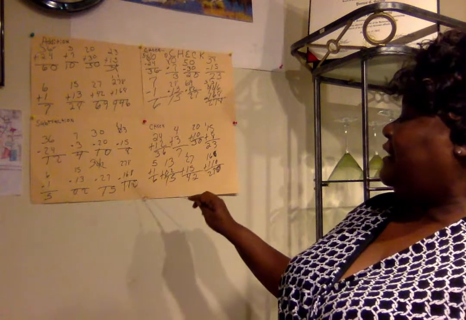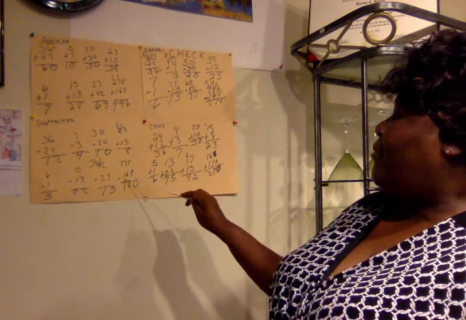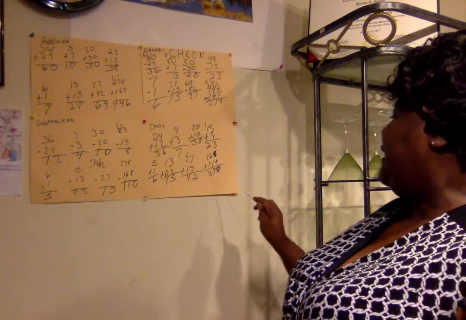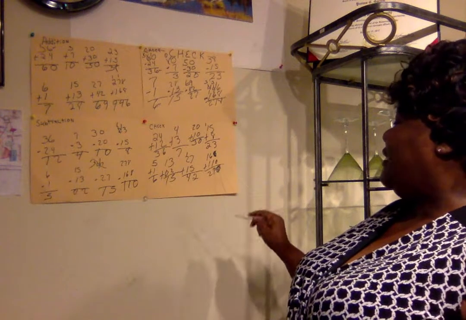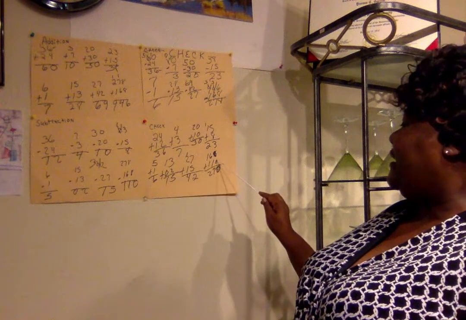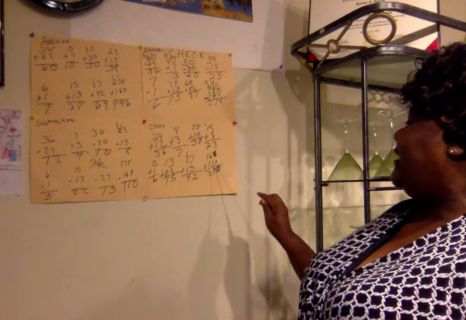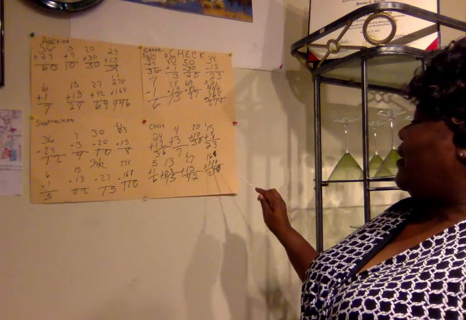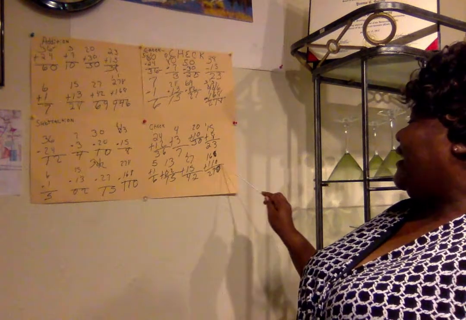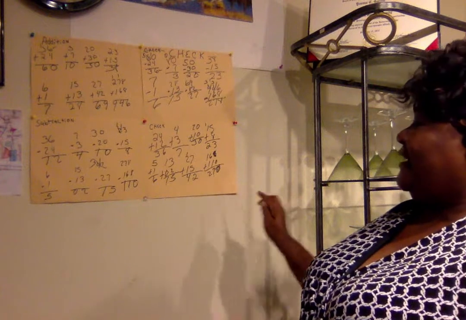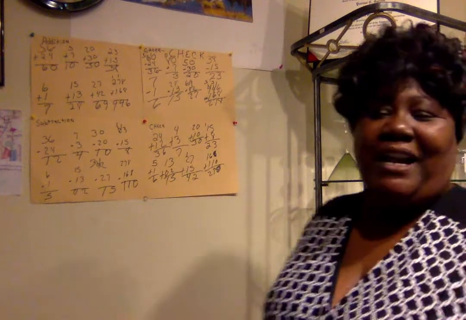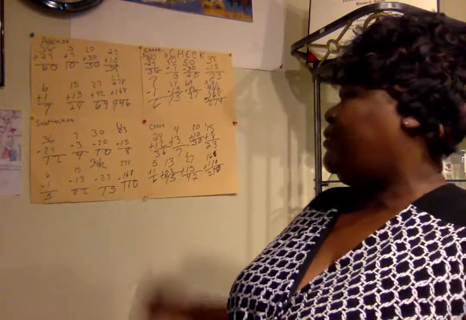The answer is 110. So now you will add 168 plus 110. Start with the last number. 0 and 8 is 8. 1 and 6 is 7. 1 and 1 is 2. Add it up, 278. The first number in the problem is also what? 278. Therefore, you know your answer is correct.